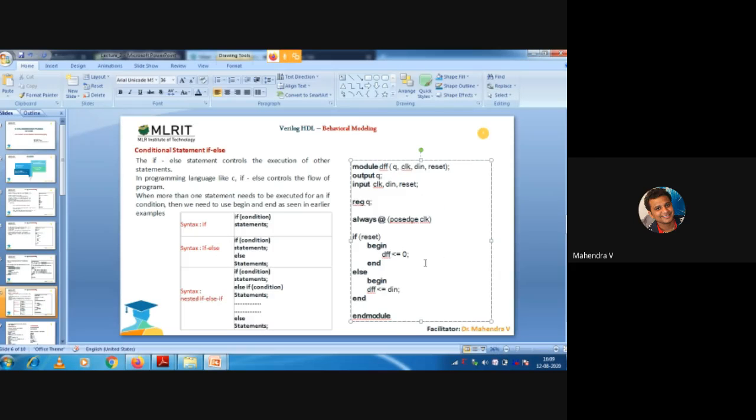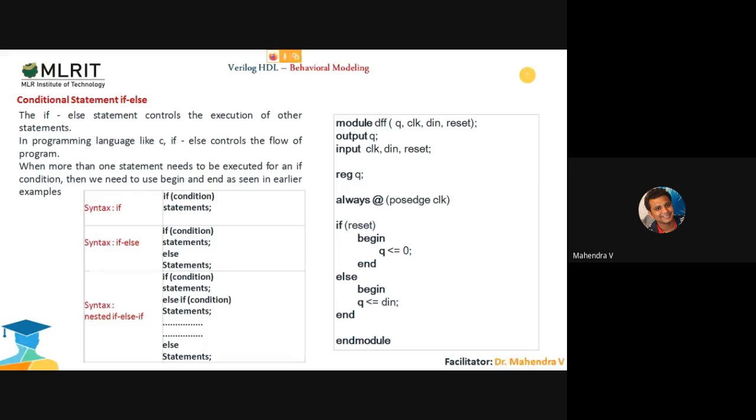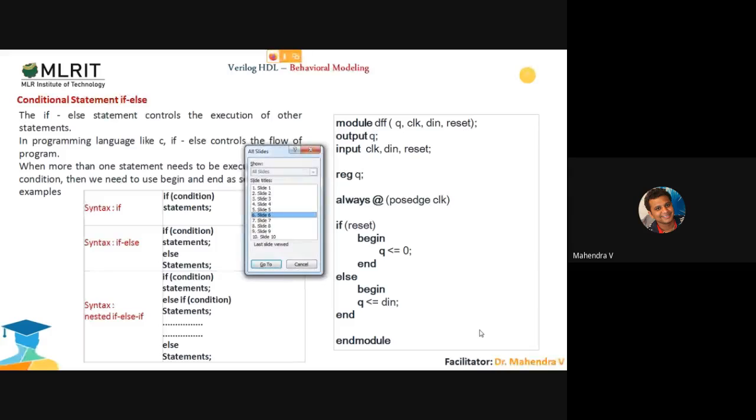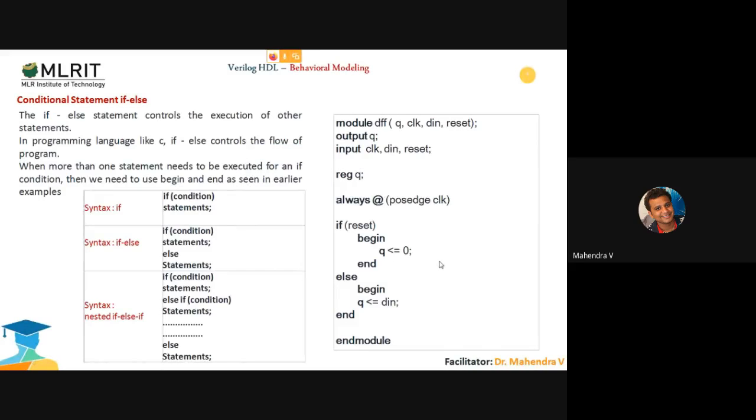It is not DFF, this is Q. Output here we have taken as Q. That's right. Now this is the behavior of the D flip-flop where we have used the if statement.